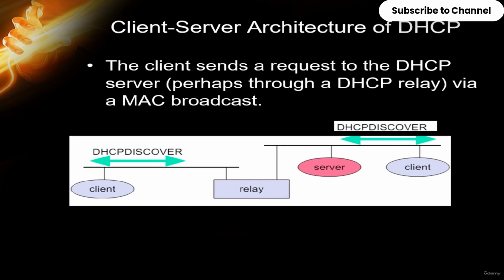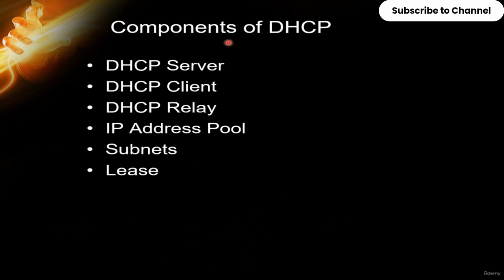Now we can see the components of DHCP. The components of DHCP are the DHCP server, DHCP client, DHCP relay, IP address pool, subnets and lease. What is the work of a server? It is a server which stores the IP addresses and other related configuration data, like which DNS it can connect to.